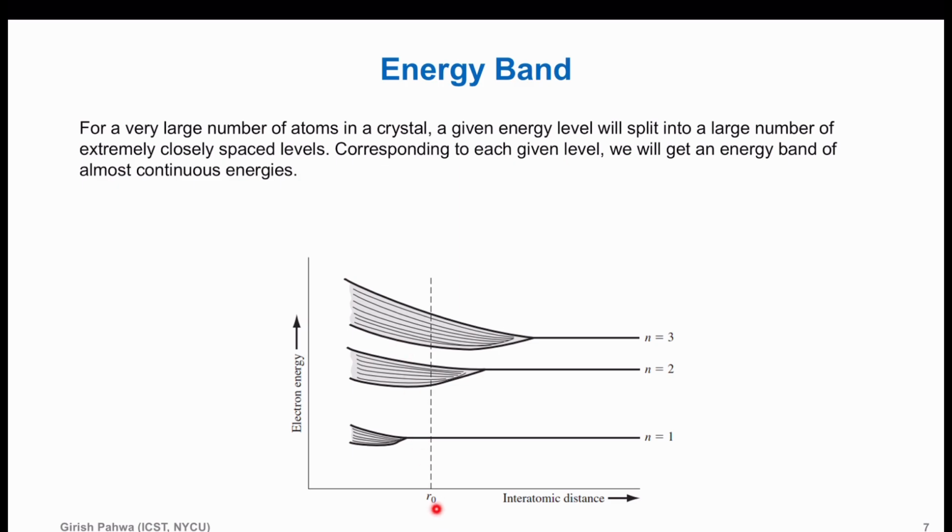So at some particular distance, the energy of the system will be minimized. It will have the minimum energy, and that will become your R0, the interatomic distance for which your system is stable. Okay, now at that R0, you can see that for n equal to 1, there is almost no range of energy. If you zoom in, you will still see some range of energy, and there are so many closely packed energy levels here.